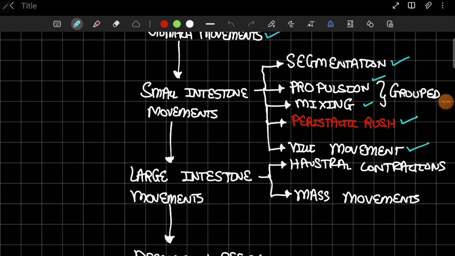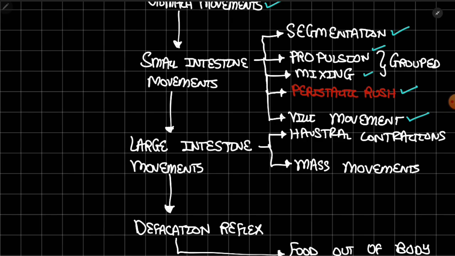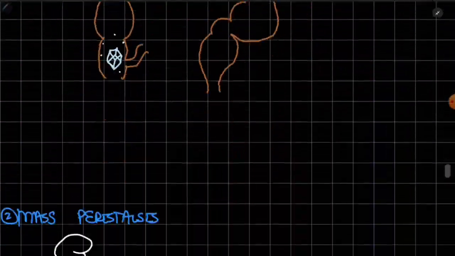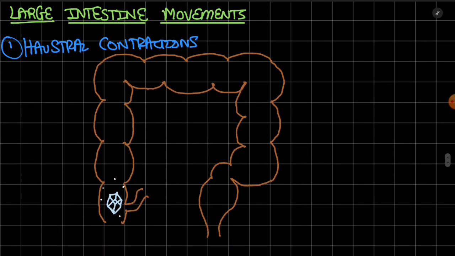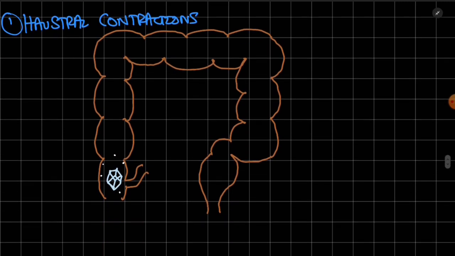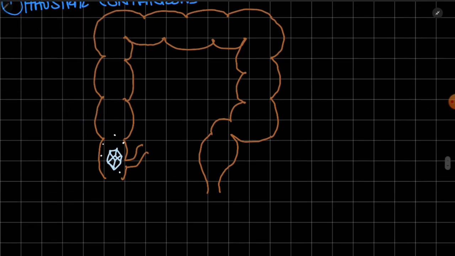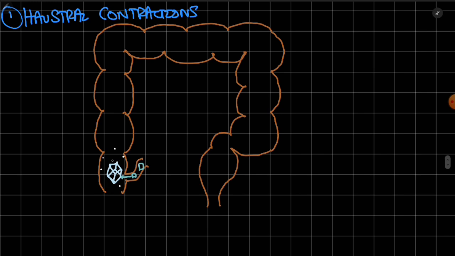Now here come the large intestine movements, the haustral contraction and the mass movements. Going to the haustral contractions first. So what is haustral contraction? Our paneer, which was in the small intestine, is now pumped to the large intestine from the ileocecal junction to this part of the large intestine.